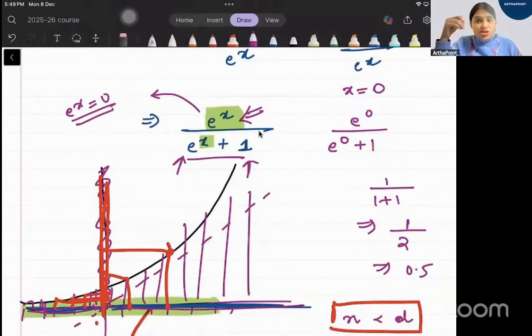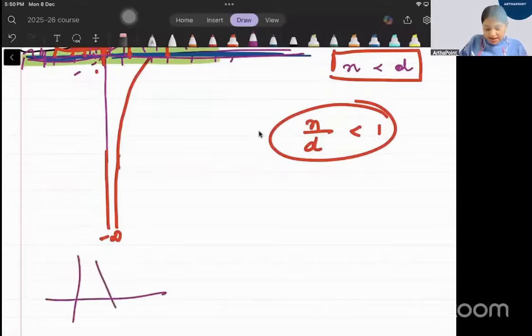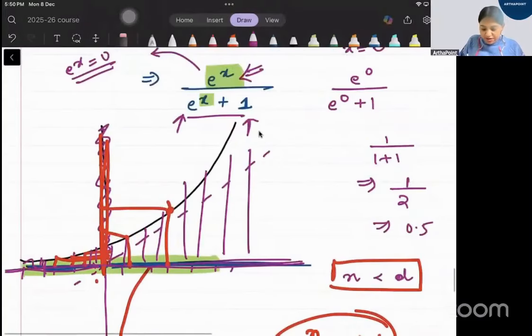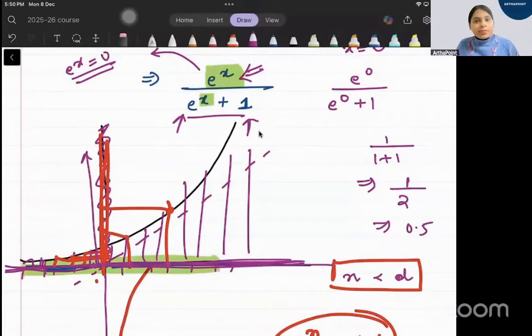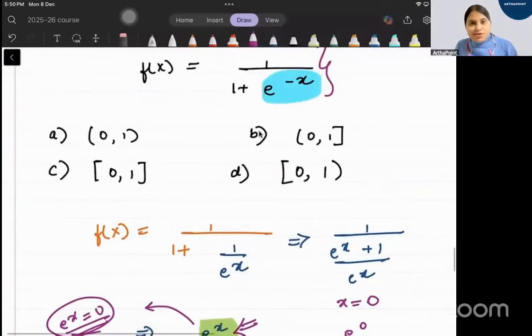When y is 0, it means you are cutting the x-axis. So when you cut the x-axis, at this point y is 0. And when you cut the y-axis, at this point x is 0. So it's not cutting the x-axis anywhere. So the numerator is not 0. It's some positive number. So since the numerator cannot be 0, you're not including 0.